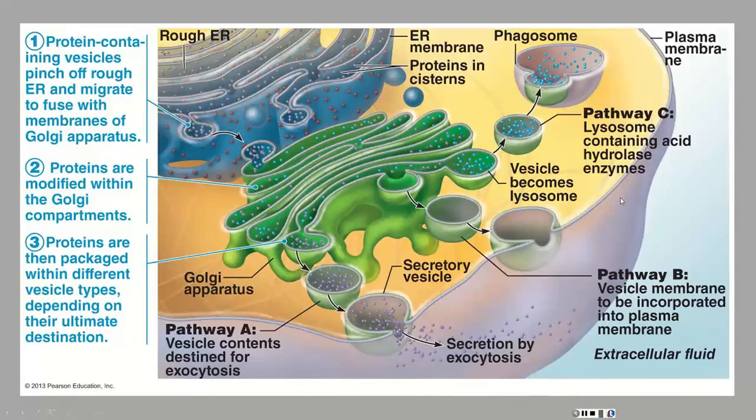Every one of them is a phospholipid bilayer. So it's completely okay that a piece of one thing breaks off and becomes a piece of something else because they're all made out of the same stuff. Just pieces of the cell are moving around and becoming other parts of the cell. And that's completely okay because they're all phospholipid bilayer.